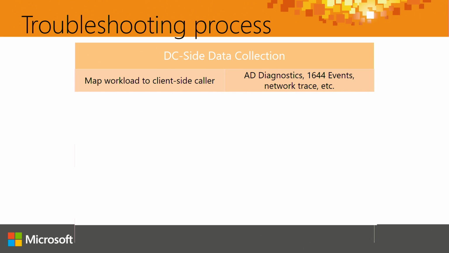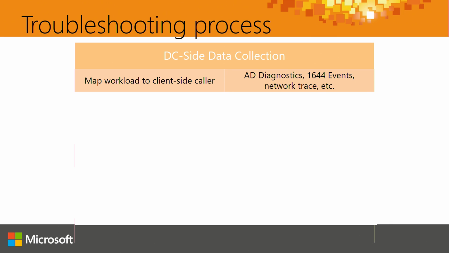So this is what it looks like in a little more detail. For this DC side data collection, our first goal is to map the workload to the client-side caller. And what I mean by that is determine what work the domain controller is doing, what work is causing the performance problem. Once we classify that, find out which clients are issuing this work.